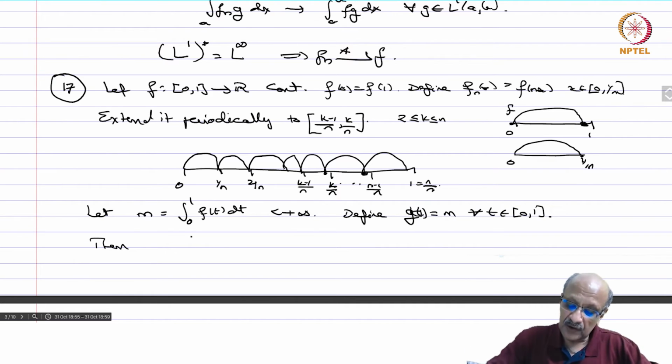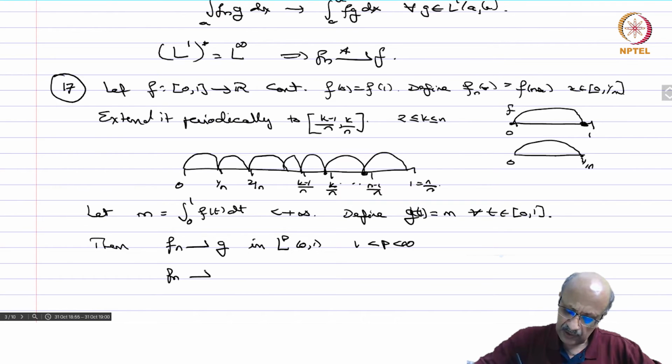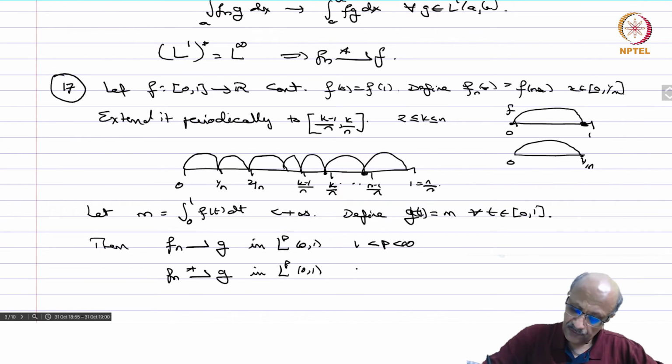Therefore f_n weakly converges to g in Lp(0,1), 1 less than p less than infinity, and f_n weak star converges to g in L infinity(0,1).